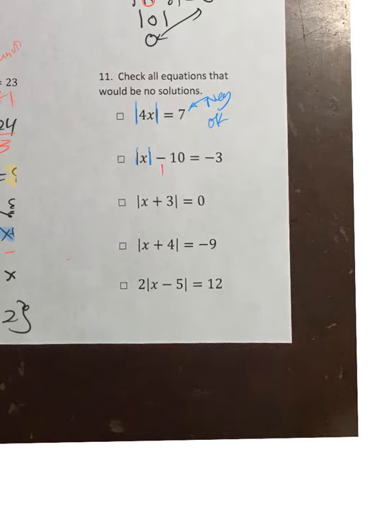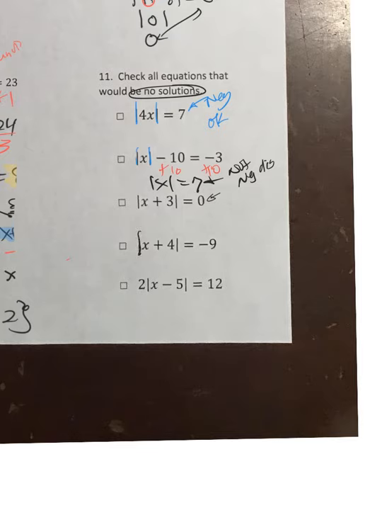So we have to add 10 first, and that gives us the absolute value of x equals +7. So it's not a negative distance, so we're okay. We're looking for things that give us a negative distance to be no solution. Here the distance is 0, and that's okay. That's not a problem.